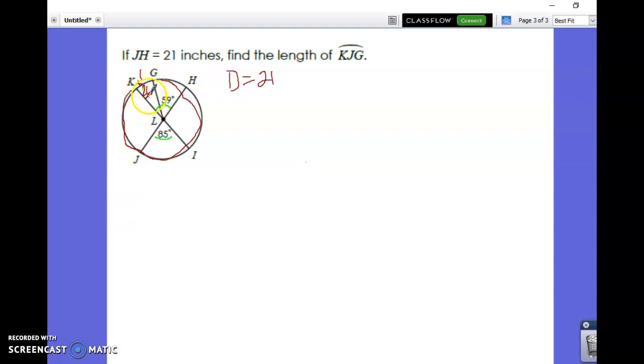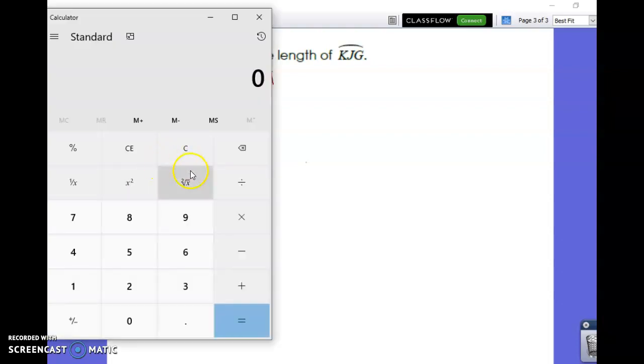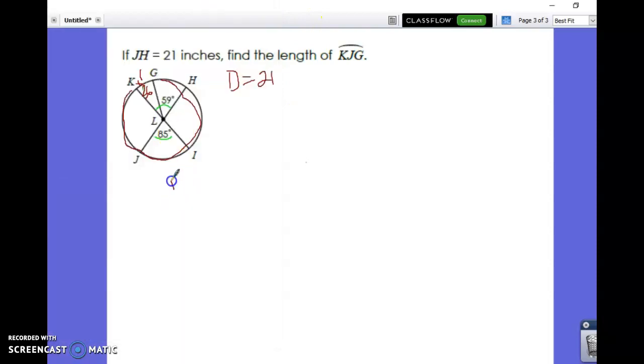Since this little slice is 26, now we can subtract that out of the whole 360 so we can get the remainder of the circle. It's going to be 360 minus 26, and we get 334. So the whole arc here is 334.